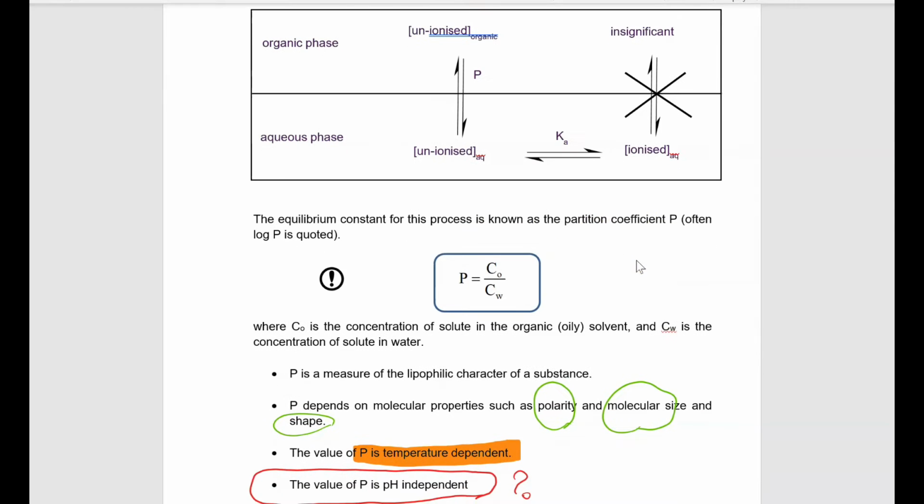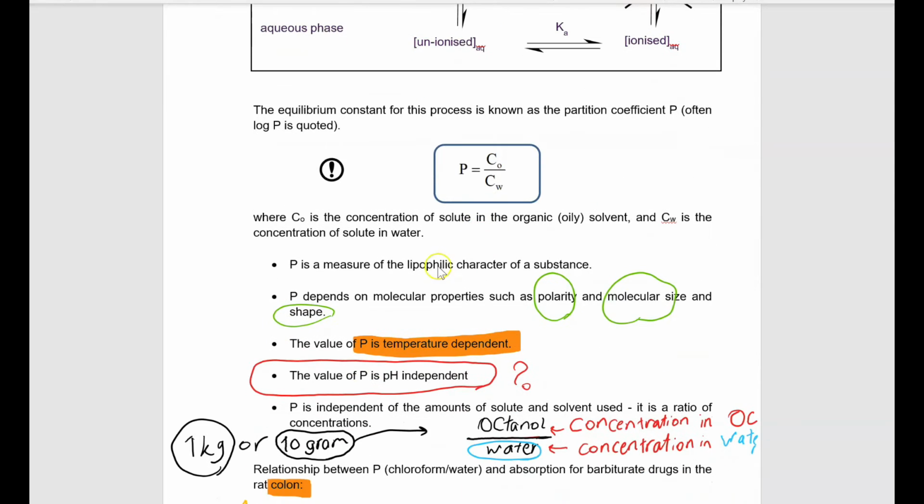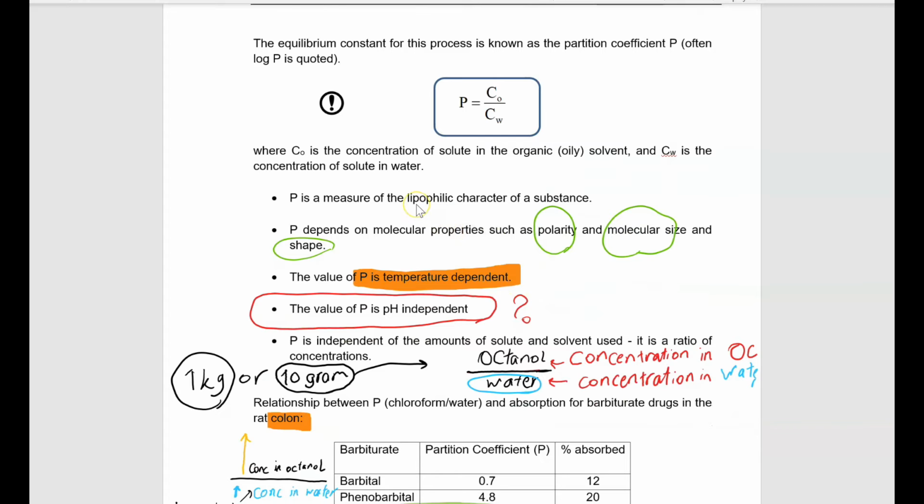Partition coefficient, or P, depends on the lipophilic character of a substance. Are they hydrophobic or hydrophilic? If they are lipophilic, if they love fats, they can dissolve into your octanol.